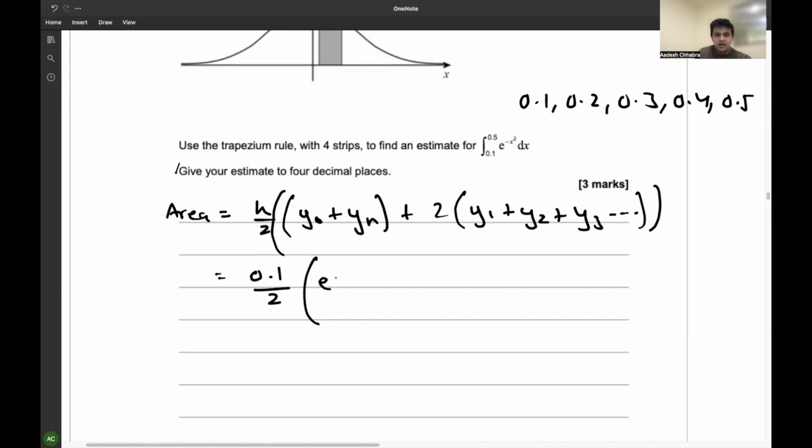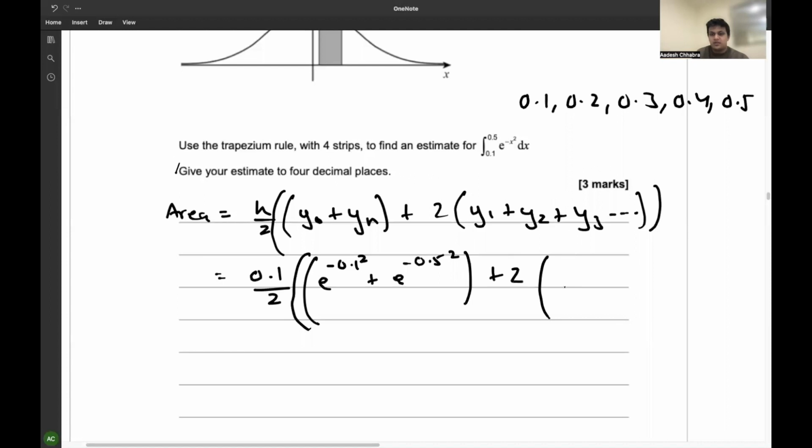So I can just go ahead and sub in e to the power minus 0.1 squared. My final y would be when x is equal to 0.5, so e to the power minus 0.5 squared would then be my final y term. And then I can go ahead and fill in the rest in a similar way.